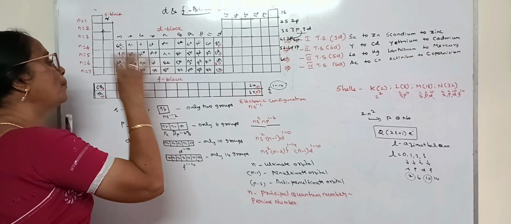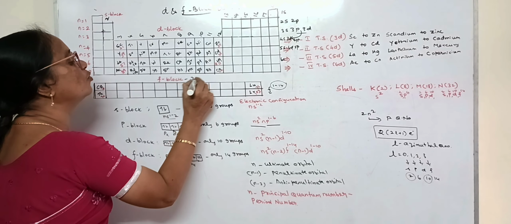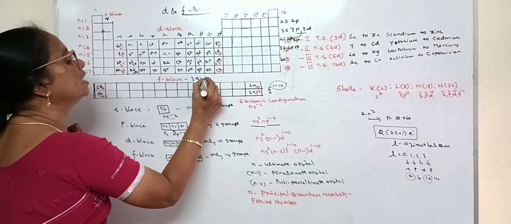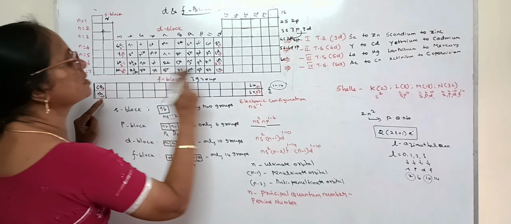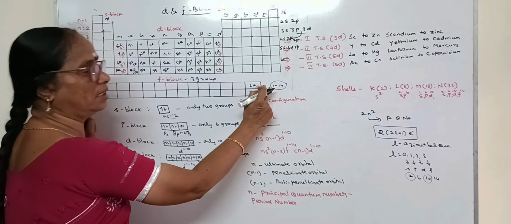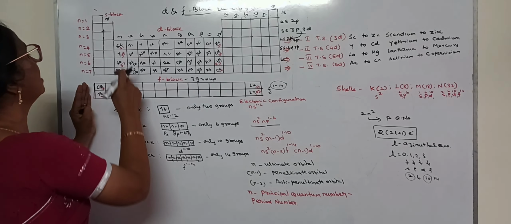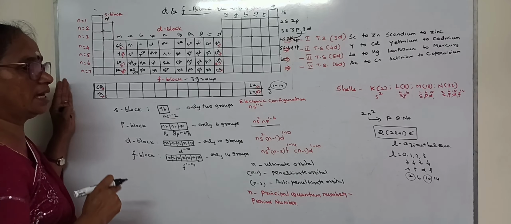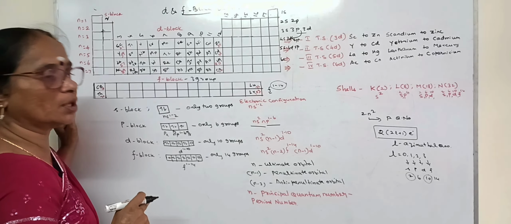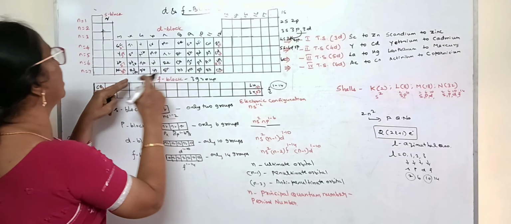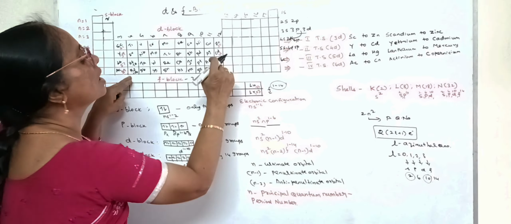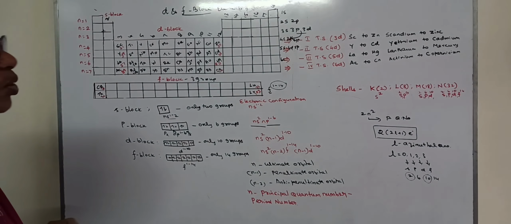But this is the part of the third group only. All these elements are part of the third group. It starts the third group and extends up to the 14th element, in which lanthanum and actinium are taken as the starting elements. The next ones, hafnium to mercury and rutherfordium to copernicium, are placed over here.